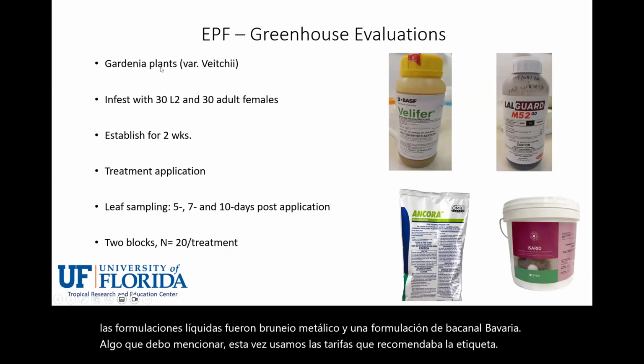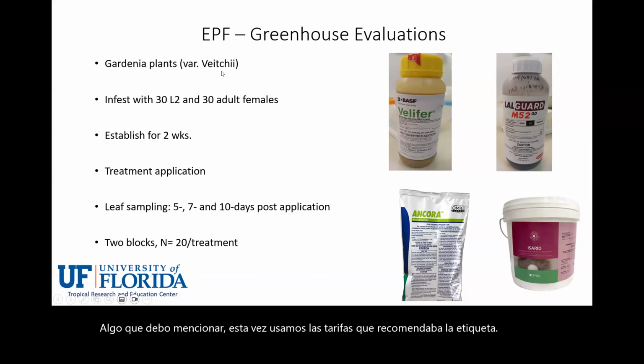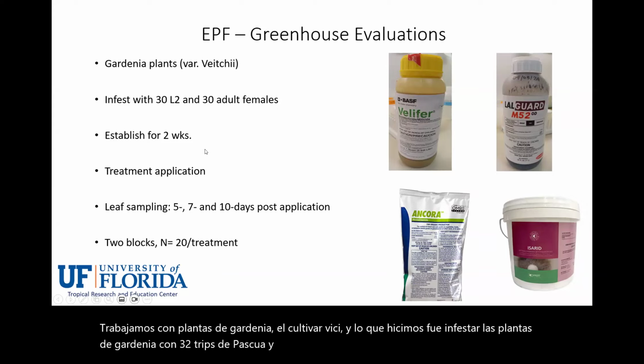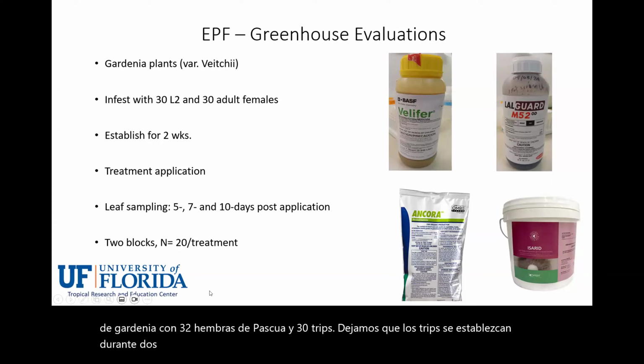We worked with gardenia plants, the cultivar Revynthi, and what we did, we infested the gardenia plants with 32 second instar and 30 adult thrips females. We let the thrips establish for 2 weeks to really infest the plant. And what we did, we started sampling after we applied the treatment.